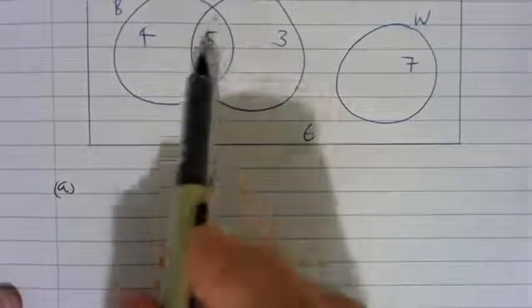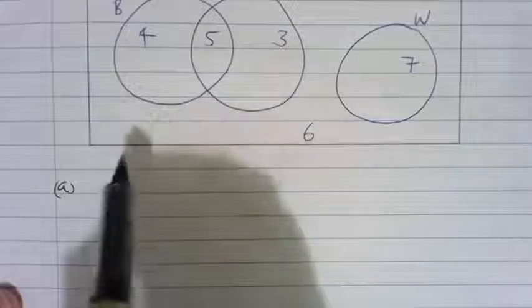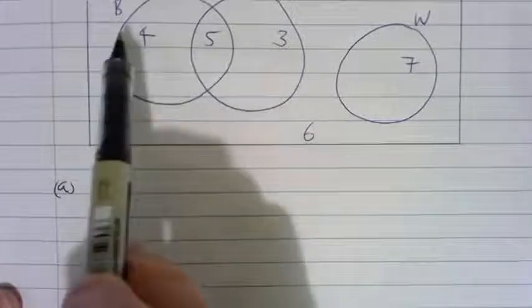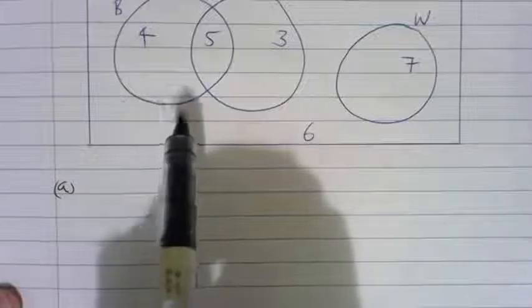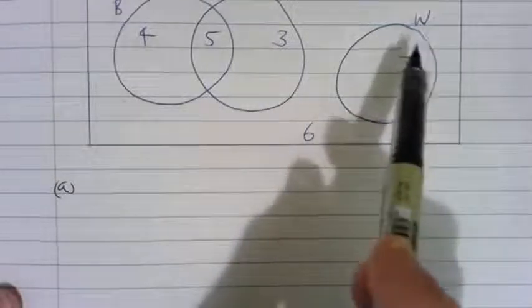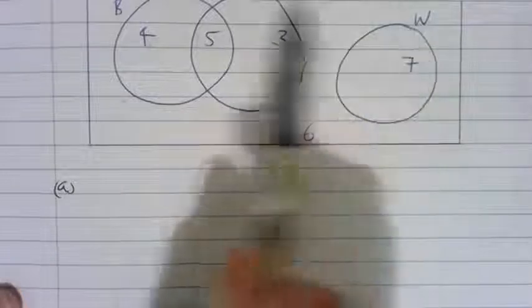Well, the bike and train is certainly not mutually exclusive because 5 people take both the bike and the train. However, there is no overlap between walking and either train, or walking and bike.